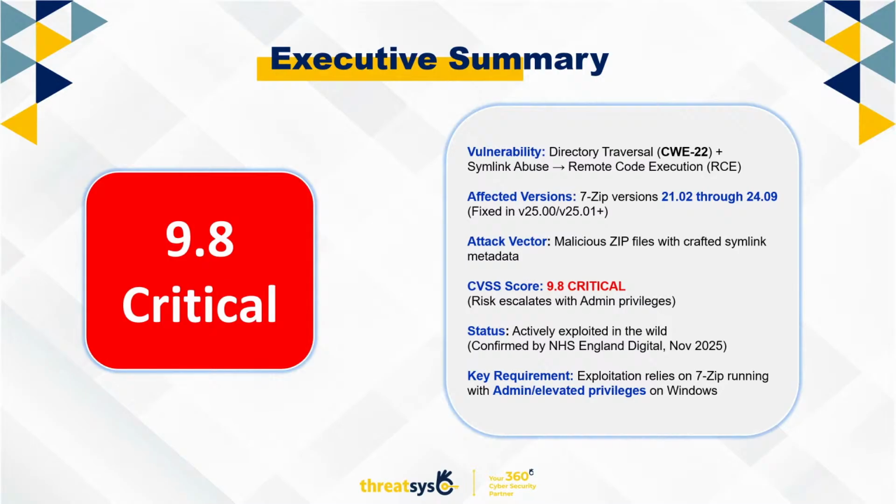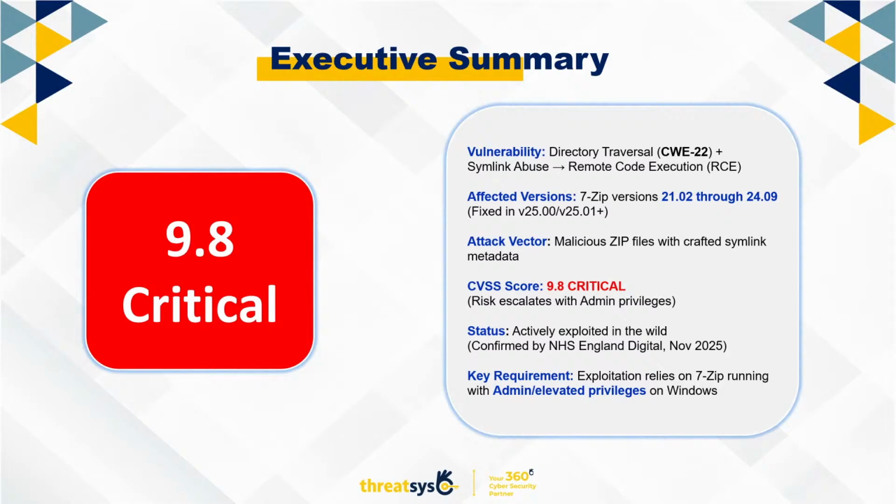The attack vector is malicious zip files that are crafted with symlinks. We will look at what a symlink is. The fix is available, and the exploit uses a malicious file containing crafted symlink metadata.